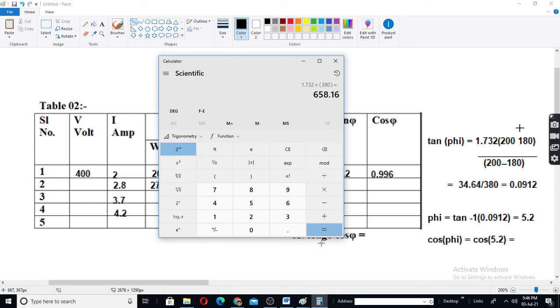First you should press equal to so that you don't commit an error. Equal to, we got 32.